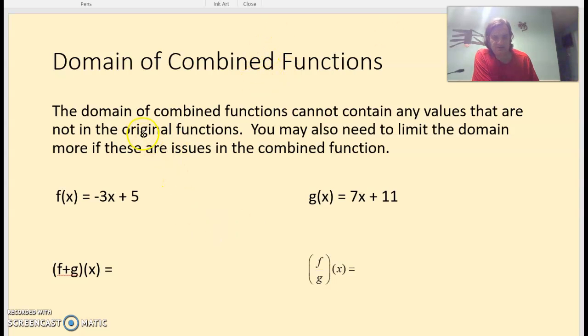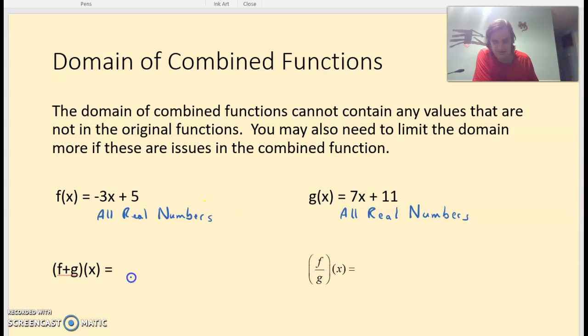So just right quick here, we'll do a couple examples. f of x was negative 3x plus 5. Remember, that was all real numbers. There were no domain problems there because there was no root and there was no denominator. g of x was 7x plus 11. That also does not have any problems, so all real numbers work.